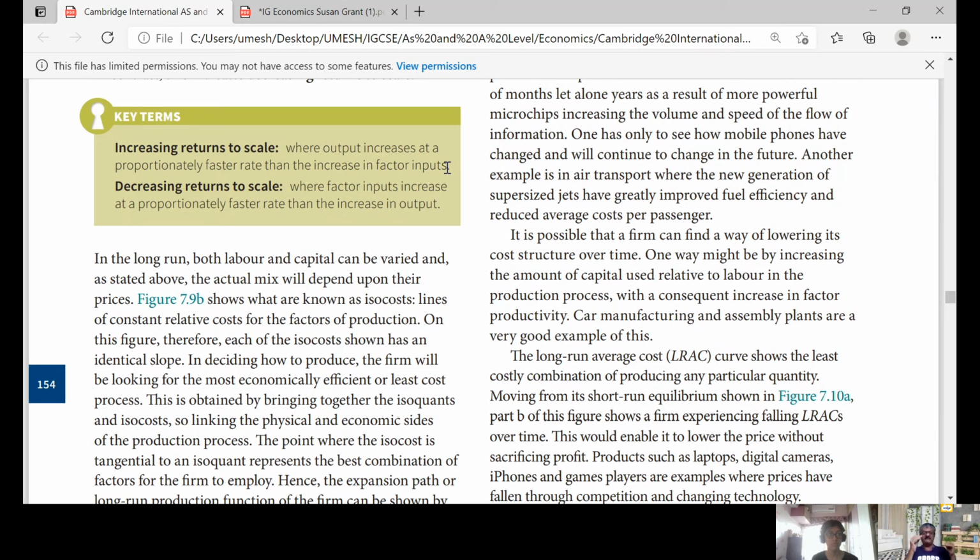Initially the firm enjoys increasing returns to scale, where the proportion of output is more as compared to input. So that is beneficial.